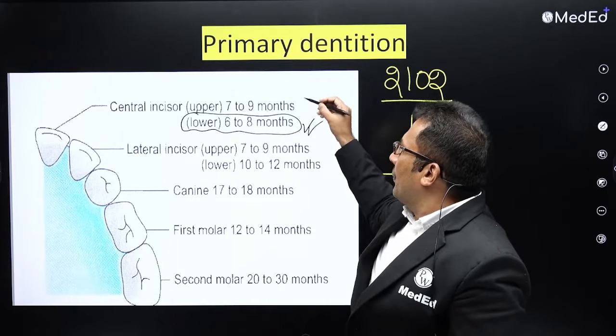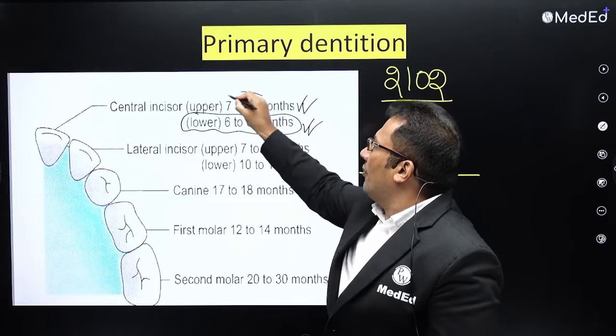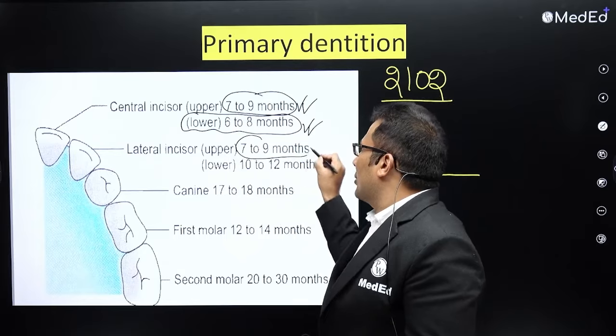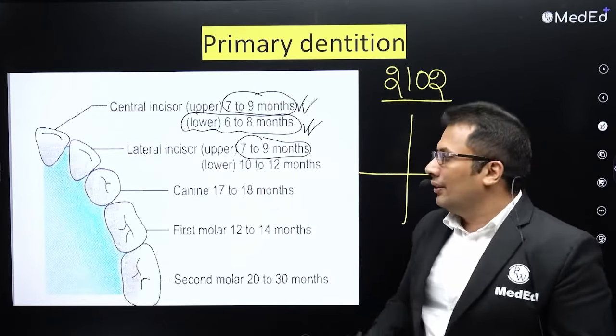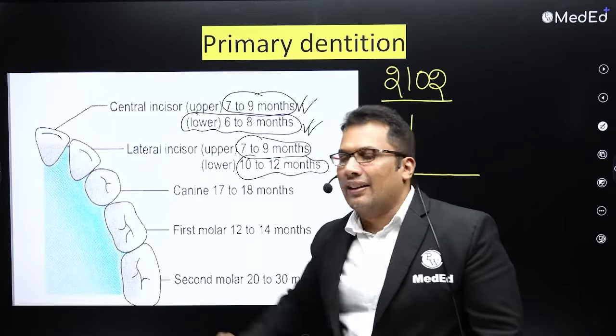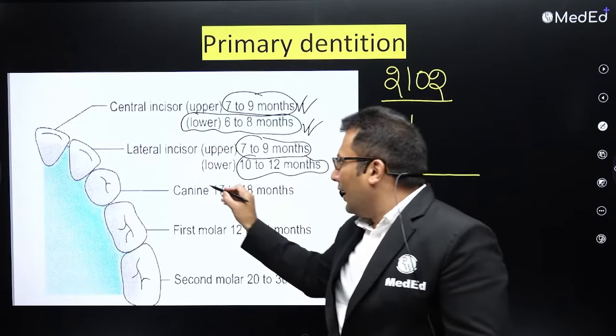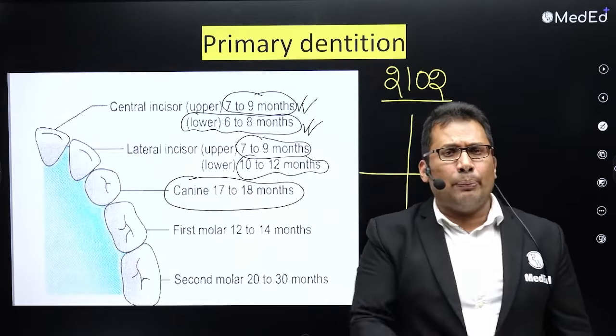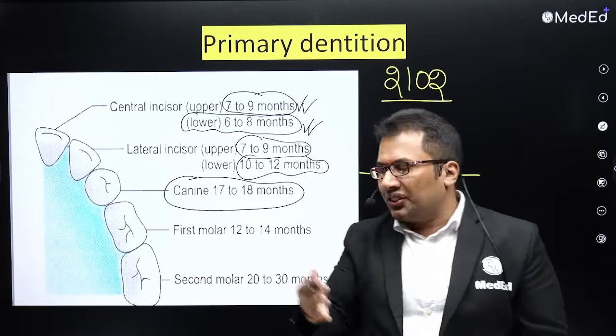Next is the upper, around 7 to 9 months. Then lateral, around the same age, 7 to 9 months. Lower is 10 to 12 months in relation with lateral incisor. Canine, around 18 months, 1.5 years. Remember, canine 1.5 years, 18 months.